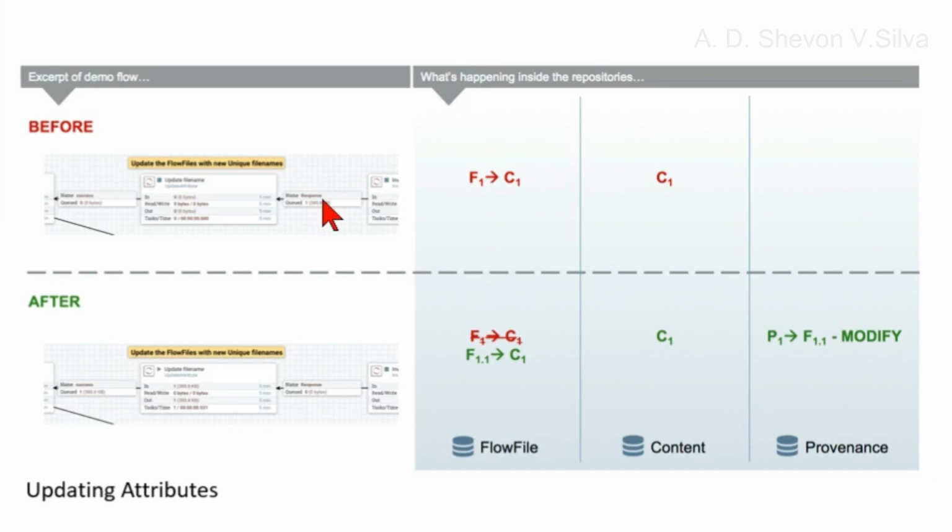Here you can see response is connected to update attribute, and update attribute is connected with success. Before and after, in the flow file repository before, F1 is pointing to C1, and in the content repository you can see C1.